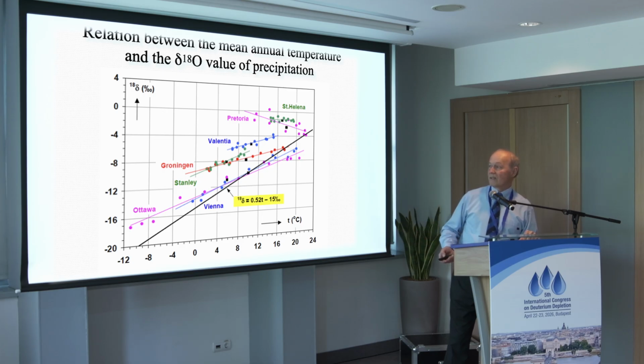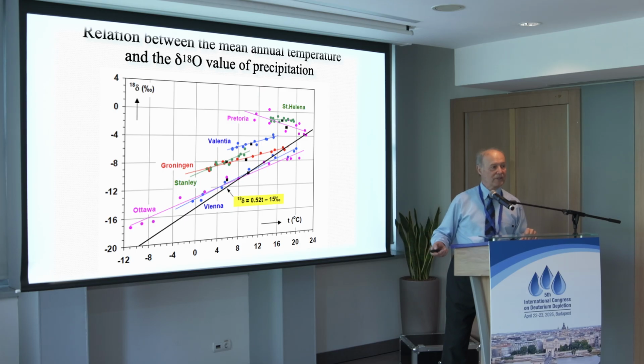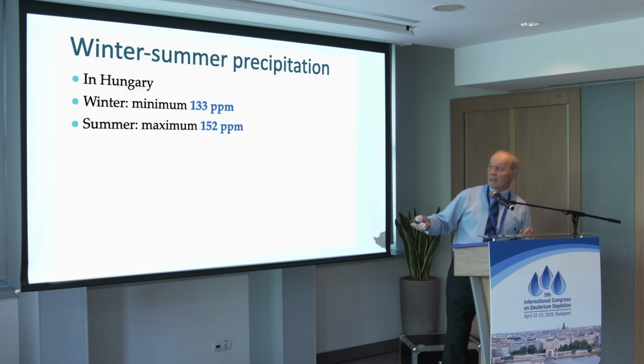This is showing the same temperature and isotopic composition, and as you can see, for different meteorological water stations the correlation is not exactly the same, but the trend is the same. Higher temperature, more deuterium. Summarizing, in Hungary the winter minimum is 132-133 ppm, and in summer the maximum is 152.